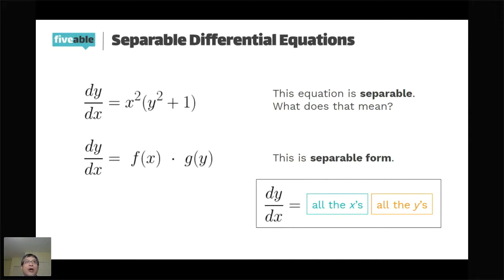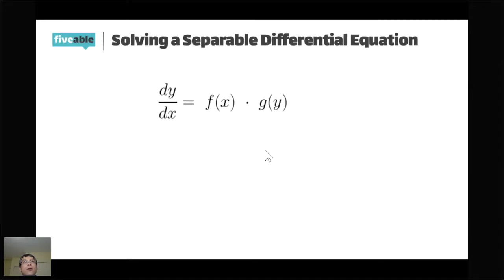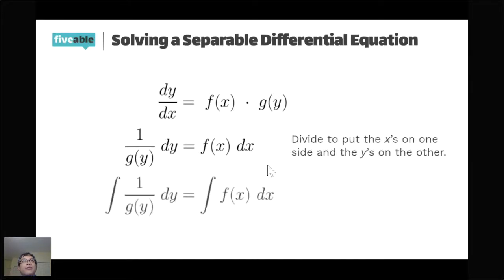And if you can do it algebraically, then you can solve the equation simply by dividing. So if I divide all the y's onto the left-hand side and I multiply both sides by dx, I can take the integral on both sides, and that will give me the answer. Okay? And this is the general path.